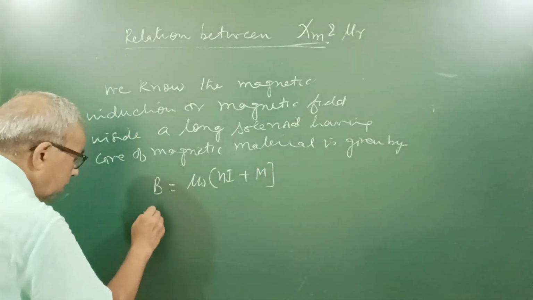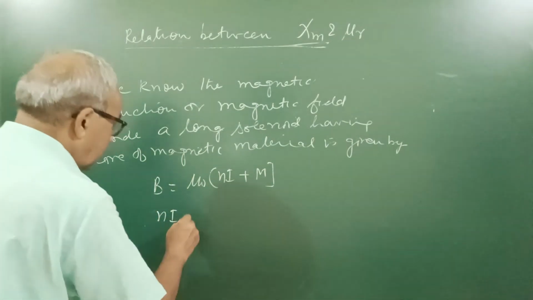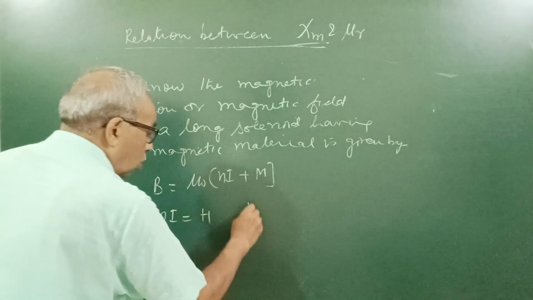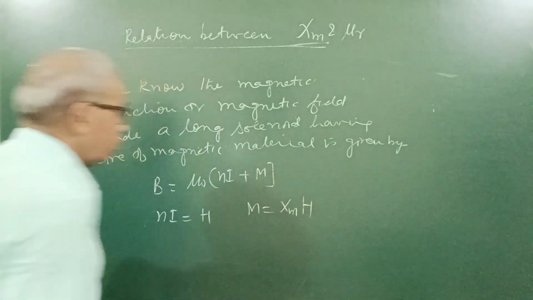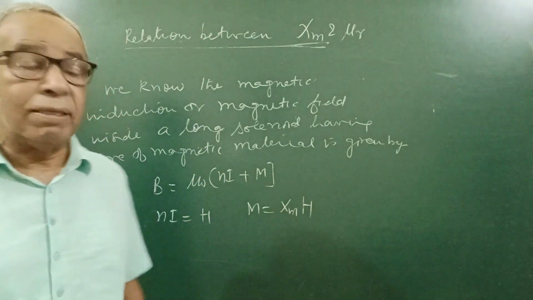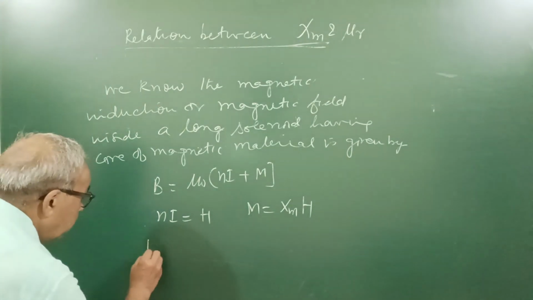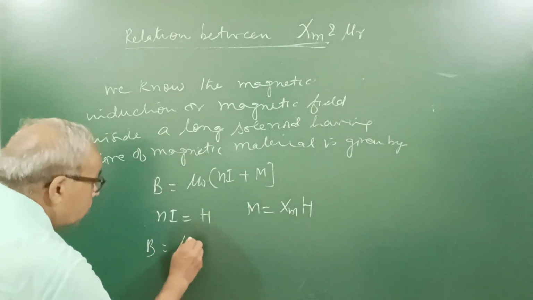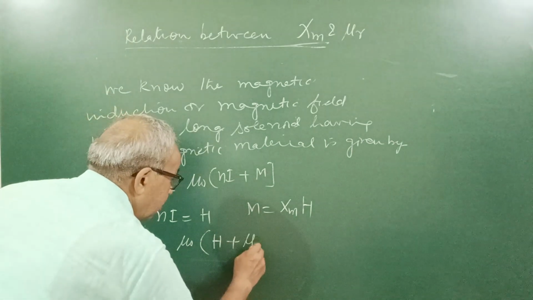Here nI, where n is the number of turns per unit length of the solenoid, is equal to H, and M is equal to chi m into H. H means magnetizing field, M is intensity of magnetization. So B is equal to mu 0 (H plus chi m into H).